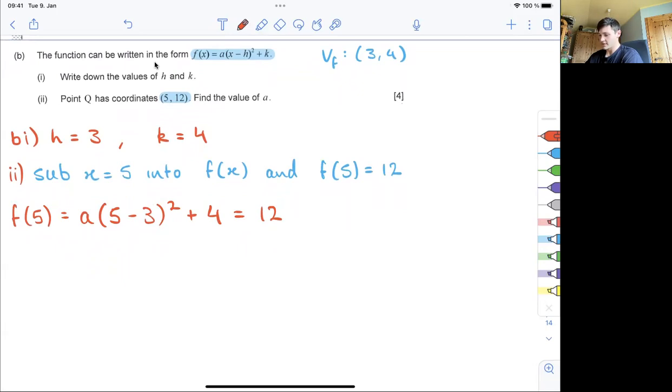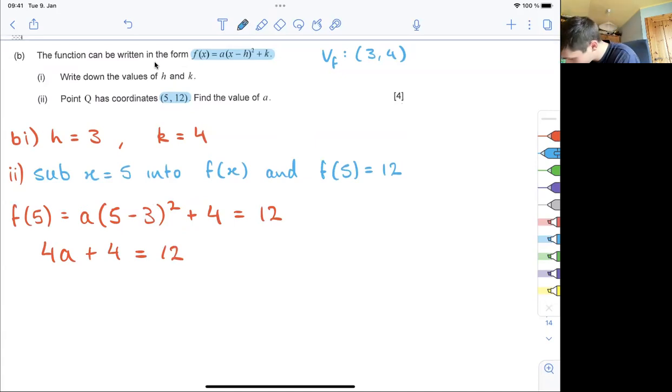First, let's clean up what this equals: 5 minus 3 is 2, and 2 squared is 4. So we have 4a plus 4 equal to 12. Now we're going to try and get rid of the 4 from the left-hand side.